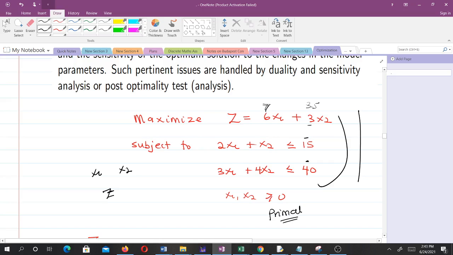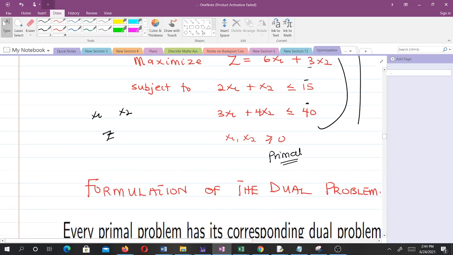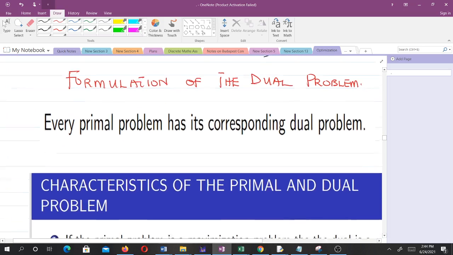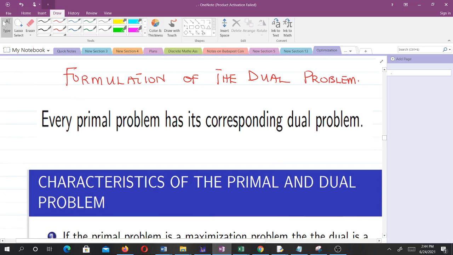Every primal problem has a dual problem. Mostly when you have a primal problem, we would want to formulate a dual problem from it to get to know what we call shadow prices, or marginal prices. And that helps a lot when we are trying to make decisions.